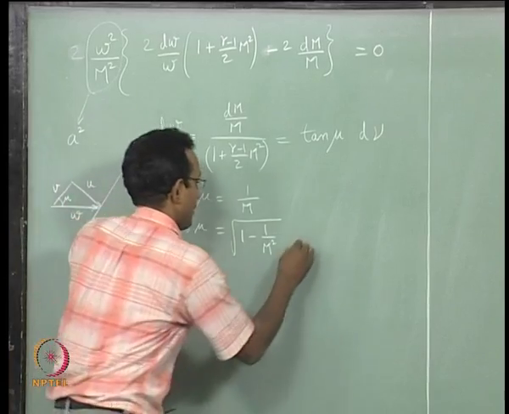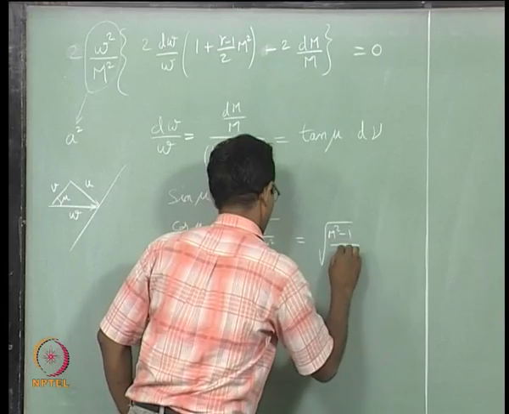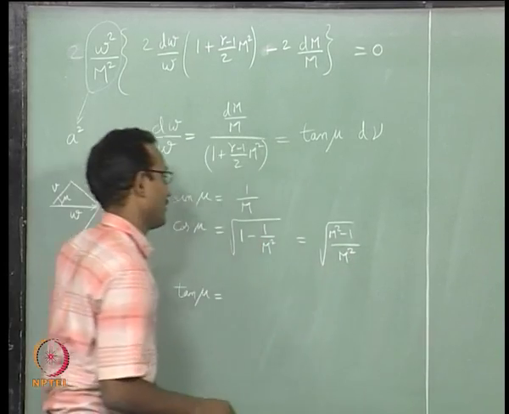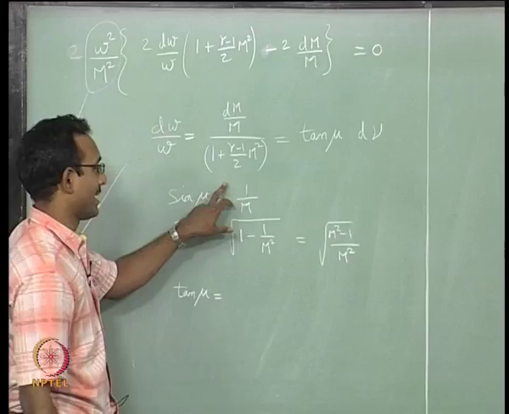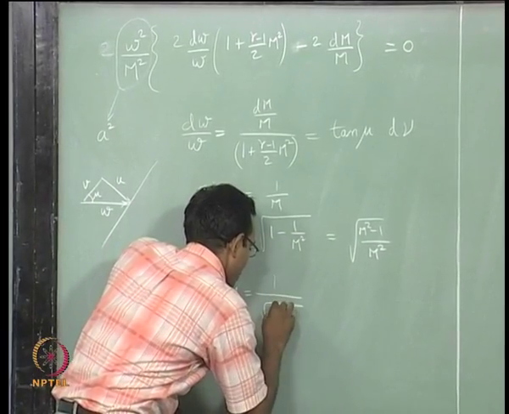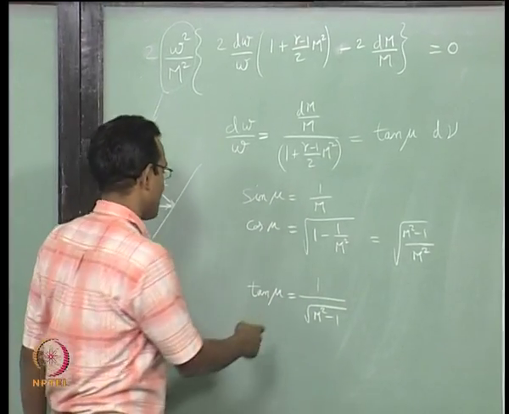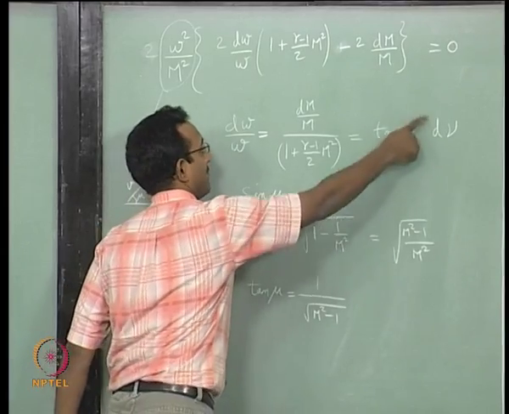Tan mu, I will just rewrite this, it is easier, m square minus 1 by m square, which will be 1 by m outside, that will cancel with this. So I will just have 1 by square root of m square minus 1. Now I will substitute this in this tan mu here.